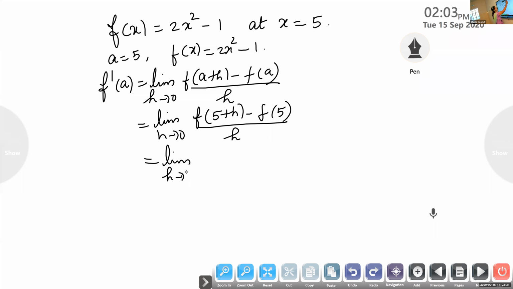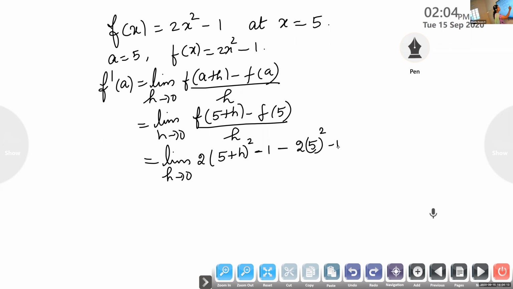What is f of 5 plus h? 2 into 5 plus h the whole square minus 1. Very good, Punya. Minus, what is f of 5? Ma'am, 2 into 5 square minus 1.